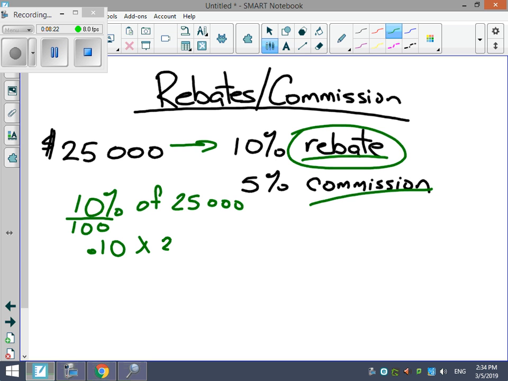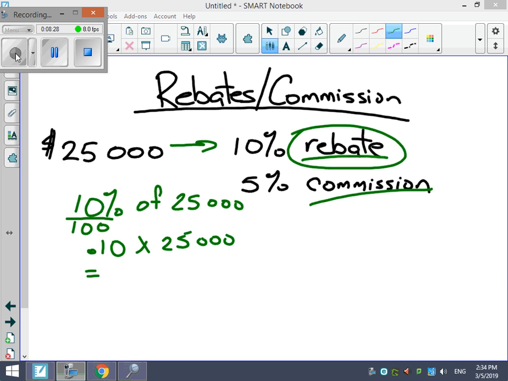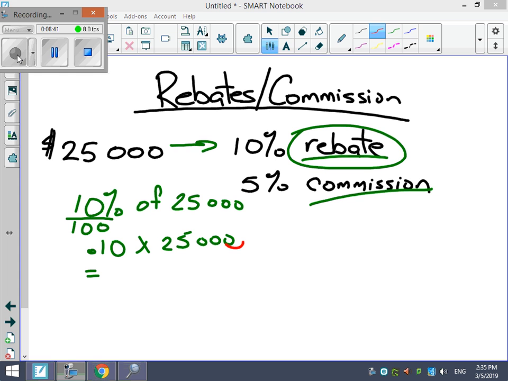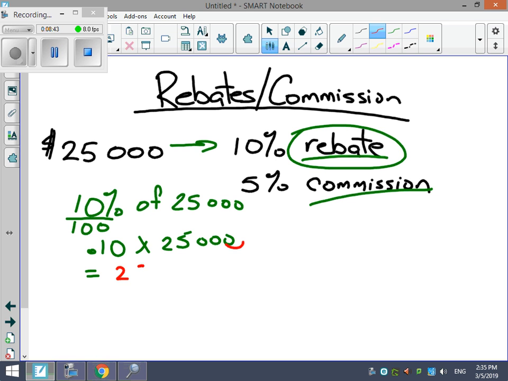We're going to multiply that by the price that we're going to pay for the object, in this case being a car. 10% of 25,000 is actually quite significant. We multiply it, and that is going to equal $2,500. That is money that you are going to get back. That is essentially what a rebate is.